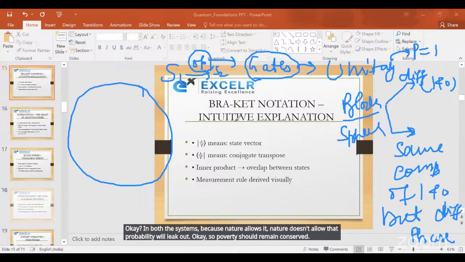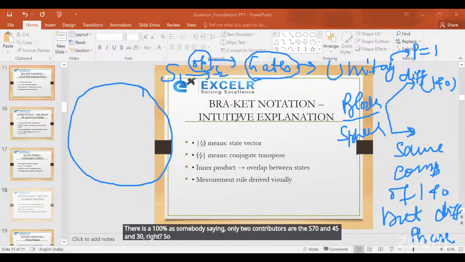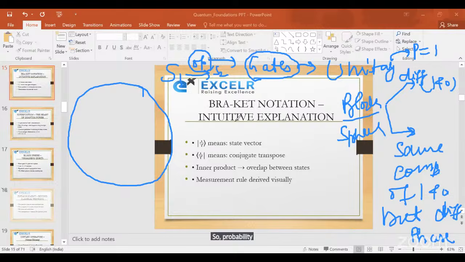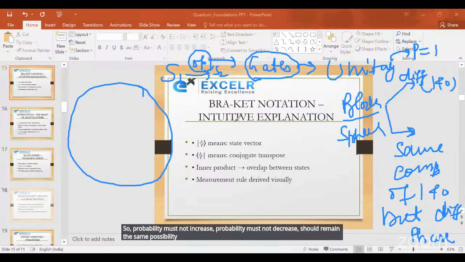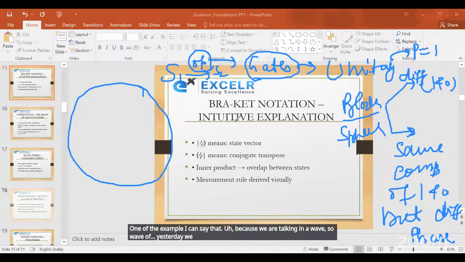You will not question it if somebody says there is 100%, and somebody else says only two contributors are there, 70 and 30, because it is automatically understood that the remaining contribution comes from somewhere. So probability must not increase or decrease; it should remain the same. One example: we are talking about waves, and yesterday we talked about water waves.